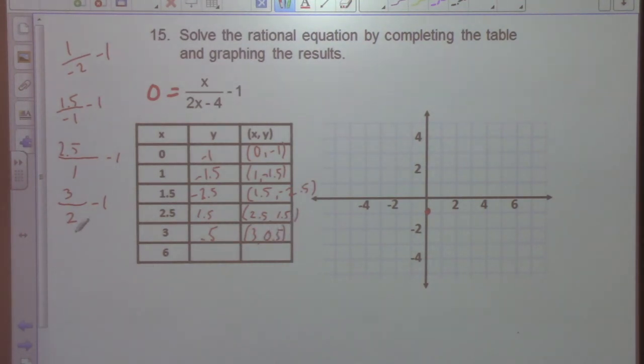The last one, if we take 6, 6 over 2 times 6 is 12, minus 4, so it'll be 6 over 8 minus 1. So that'd be 3/4 minus 1, which is negative 1/4, or negative 0.25. So that's going to be 6, comma negative 0.25.